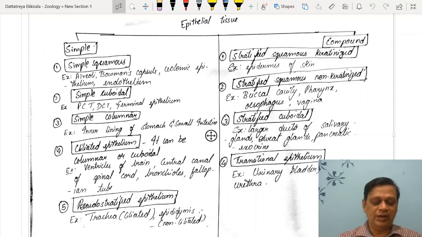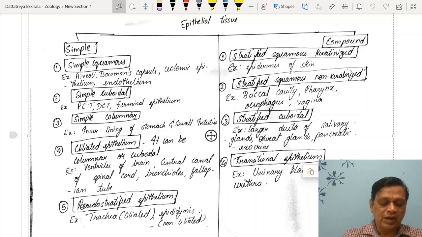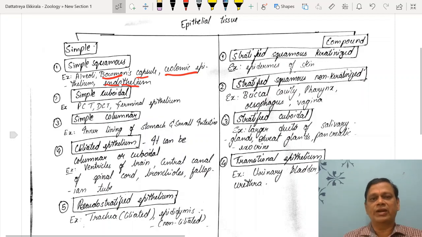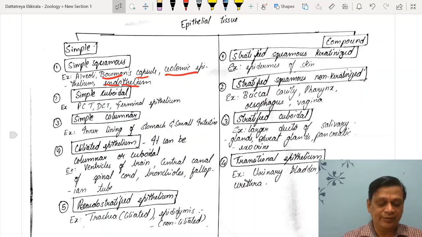The simple epithelium consists of the simple squamous. When we observe this simple squamous, it is found in the alveoli, then Bowman's capsule, then coelomic epithelium, and then endothelium. The innermost layer of blood vessels is called endothelium.